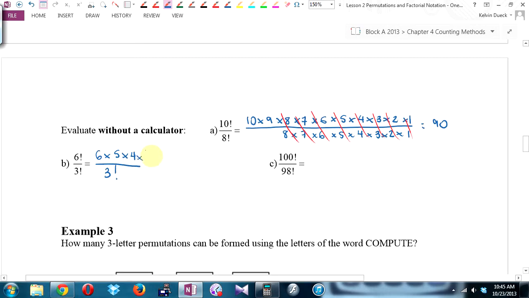Isn't that really just that? Do I have a 3 factorial on the top? Yeah. Do I have a 3 factorial on the bottom? They cancel. I guess 6 factorial over 3 factorial is really 6 times 5 times 4. 5 times 4 is 20 times 6. You know what? This is 120.